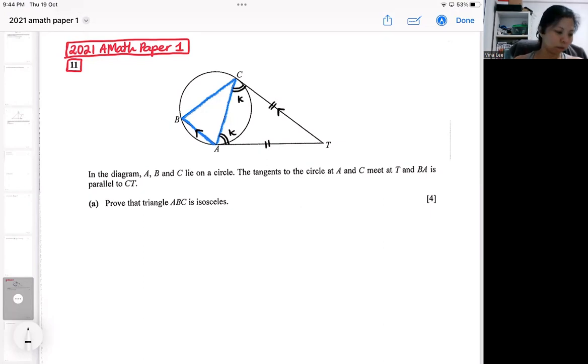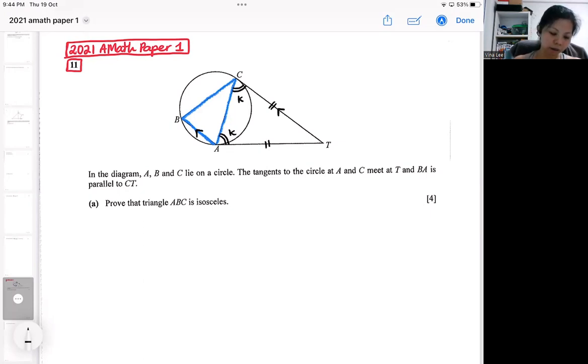So I will not be writing it out, I will be explaining. You can refer to my worked out answer. It will be exactly like what I wrote. So I started off with tangents from an external point, and it gave me an isosceles triangle here.